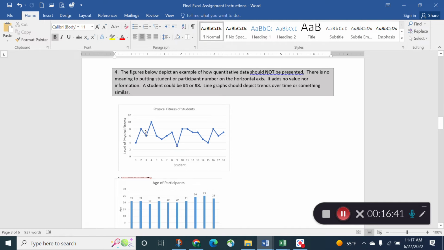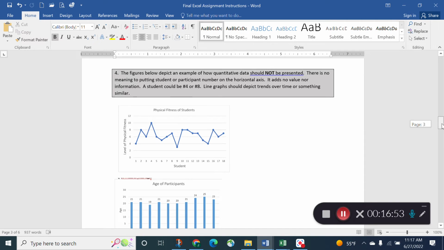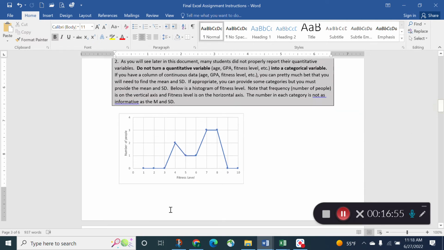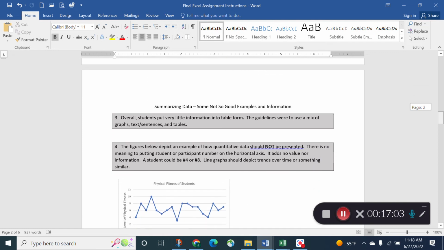So the ups and downs of this line don't mean anything because these numbers are randomly assigned to the person. If you compare that to here, where these are fitness levels, and this is the number of people that said that, this particular graph does actually make sense.